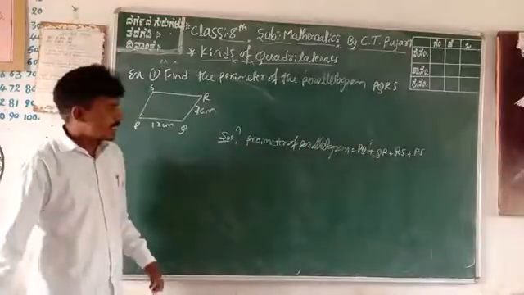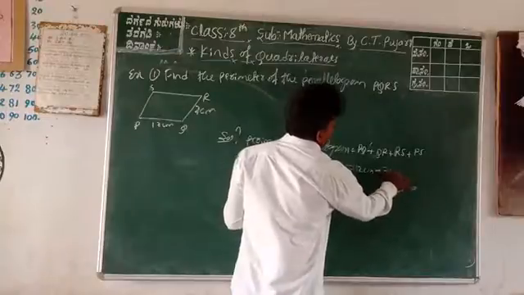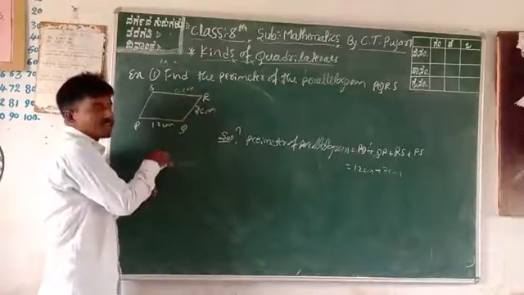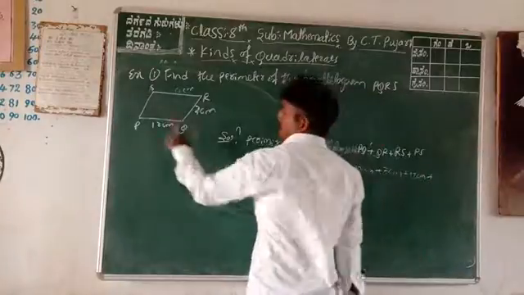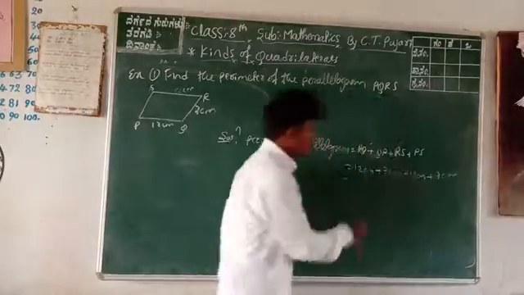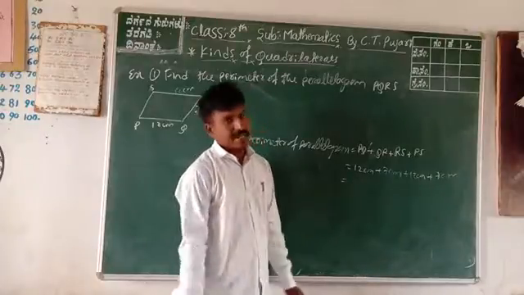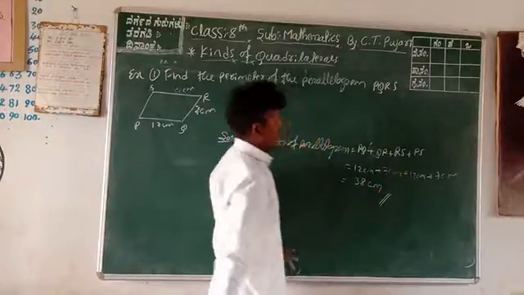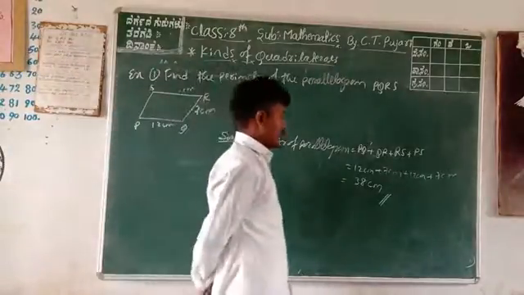PQ is equal to 12 centimeter, QR is equal to 7 centimeter, and RS is also 12 centimeter because the opposite sides are equal, plus PS is also 7 centimeter, the opposite side. Therefore, 12 plus 7 is 19, 19 plus 19 is 38 centimeter. This is the perimeter.